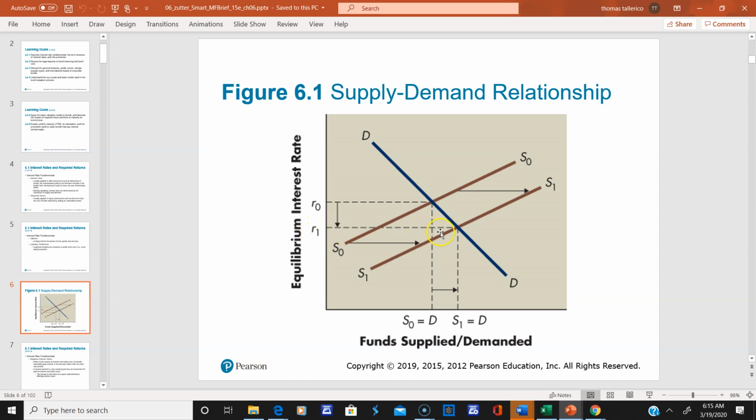Okay, so you'll notice here now the supply has changed, and you'll notice the interest rates have gone down where it crosses the demand curve.